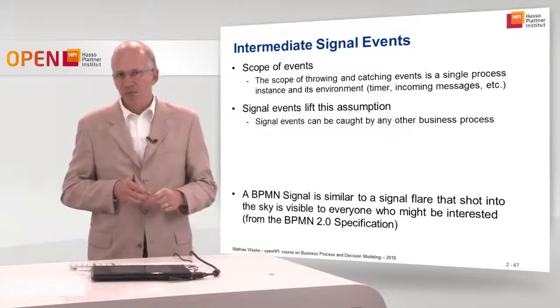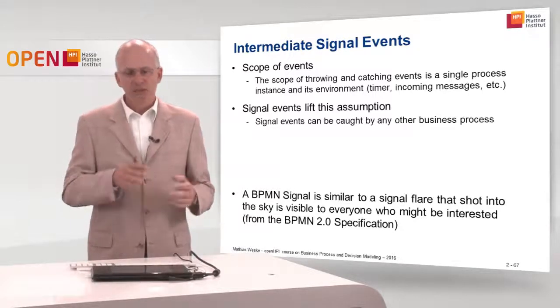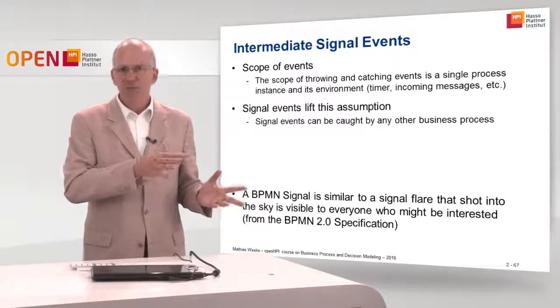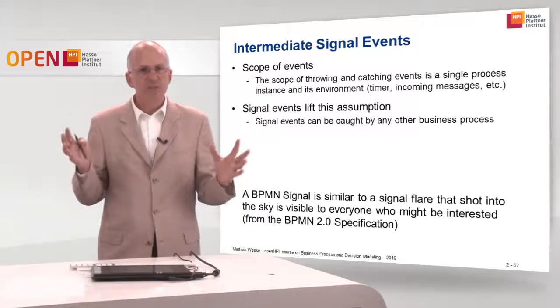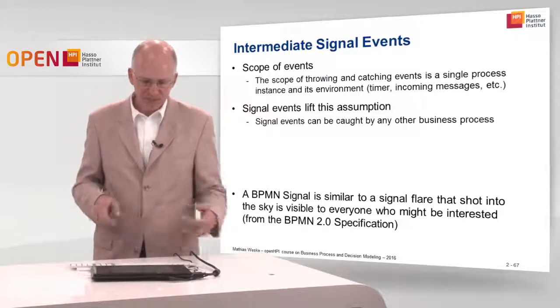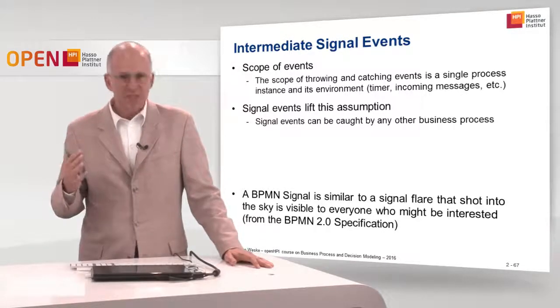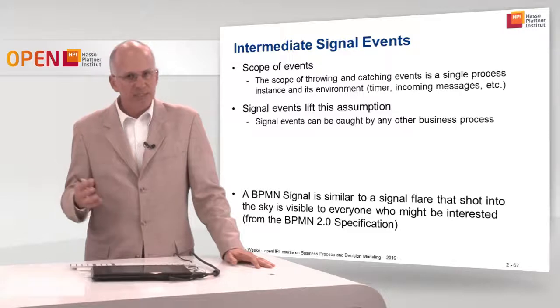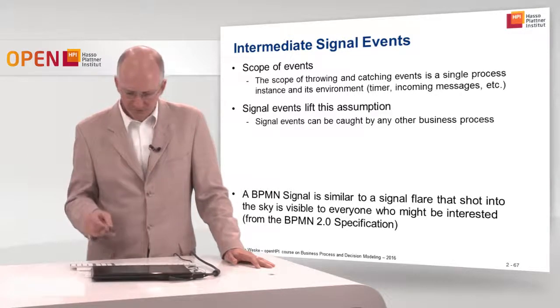That's different from what we've seen in the other intermediate events, where the scope is always the business process itself. Signal events can be used to address a broader scope, to have implications on other business processes.